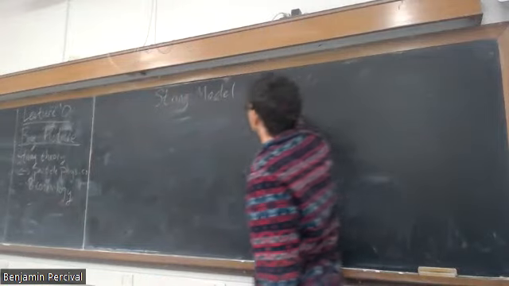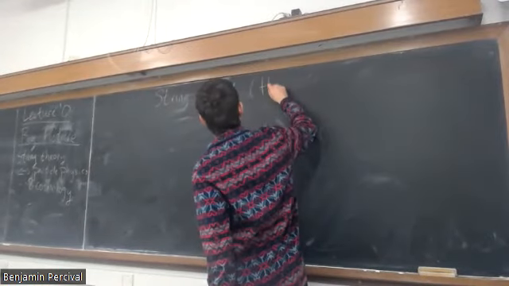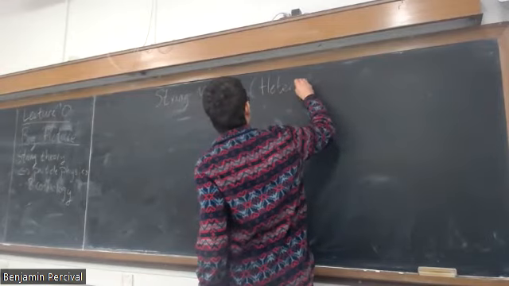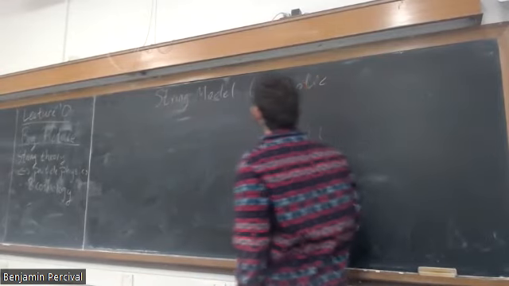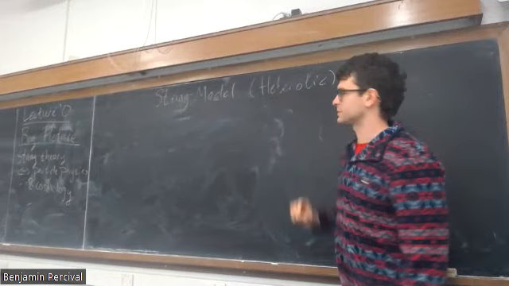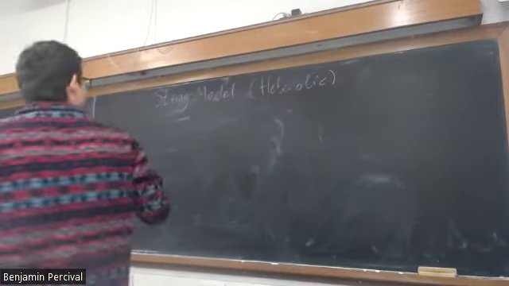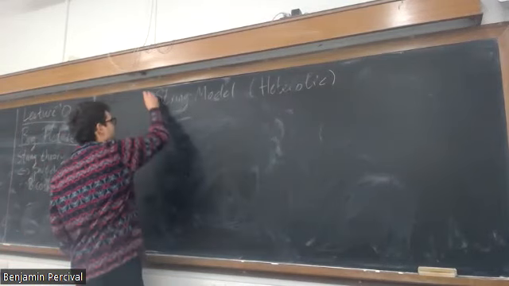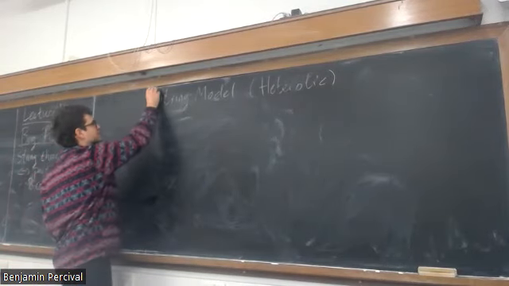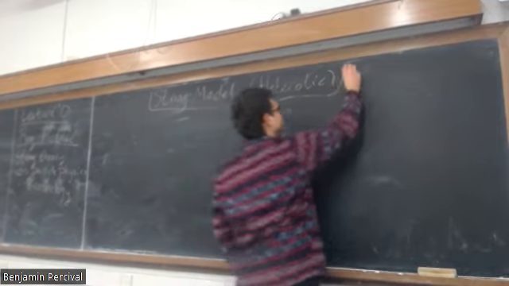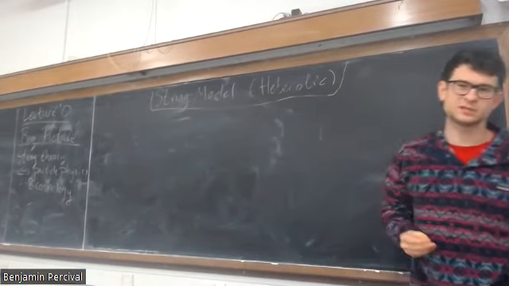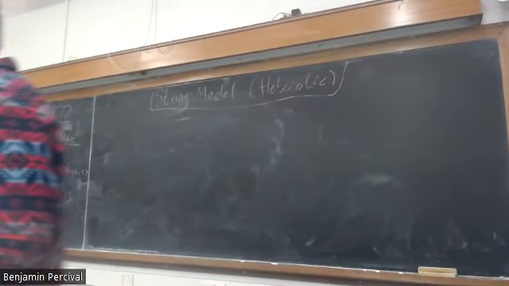I will use the heterotic string, which we'll define a bit later, and it could be a bit more specific than that, but that's the starting point, just a string model, and we'll always use heterotic in these lectures.